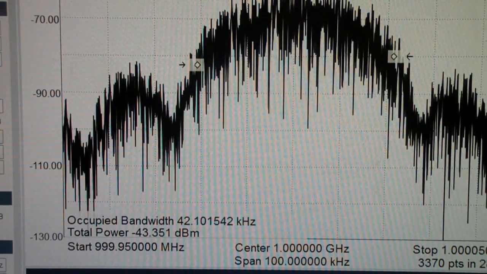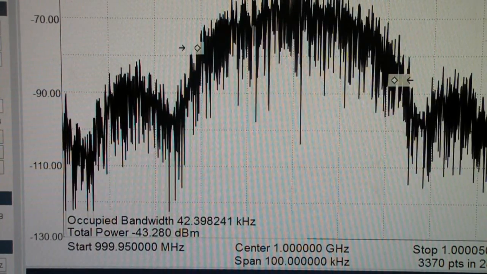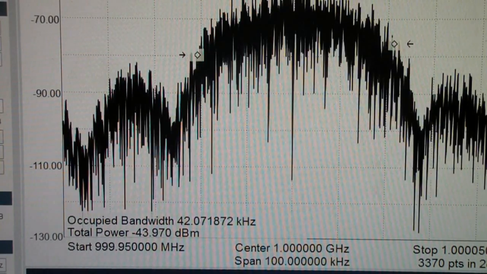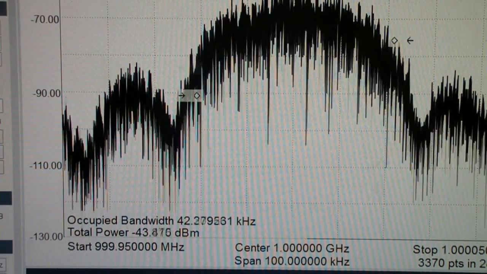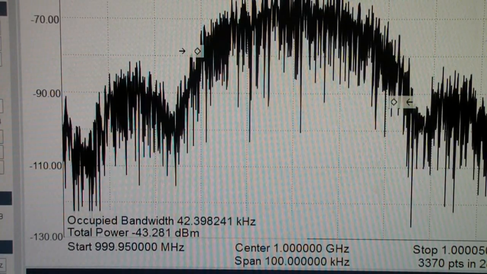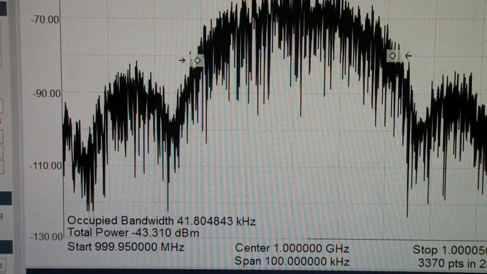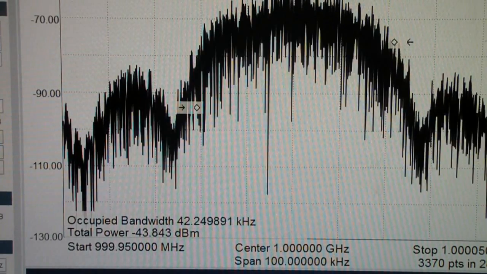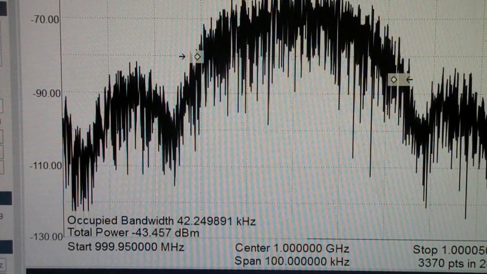And there is some basis for that, but I frankly think it's a little bit misleading. I prefer to refer to MSK as phase coherent frequency shift keying, but use the terms that you find most useful.